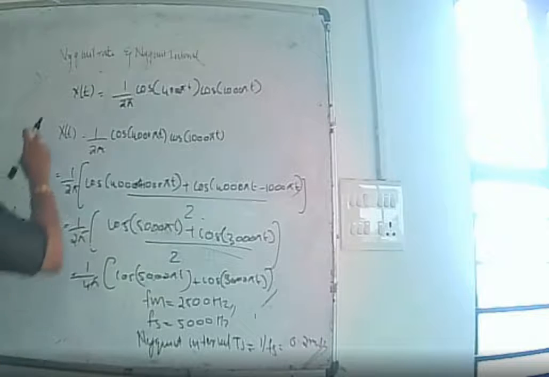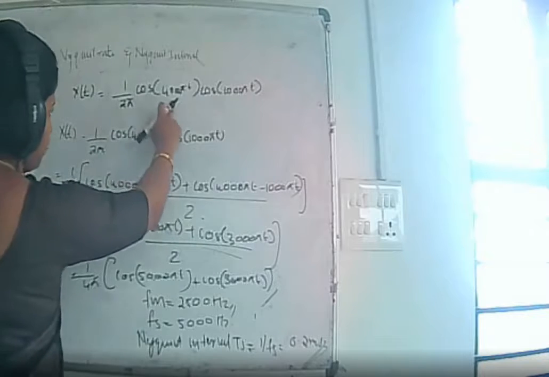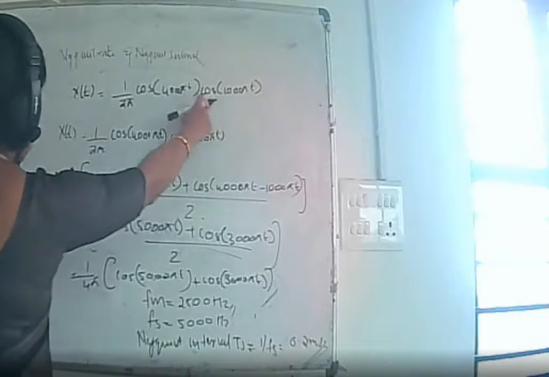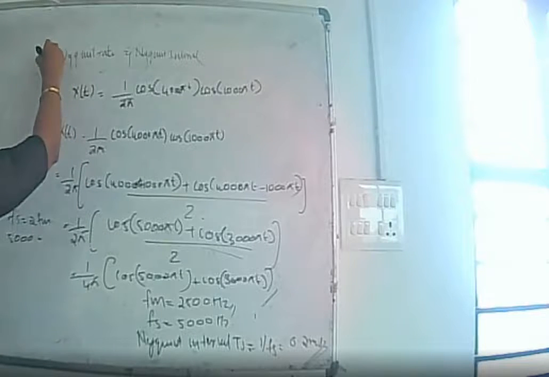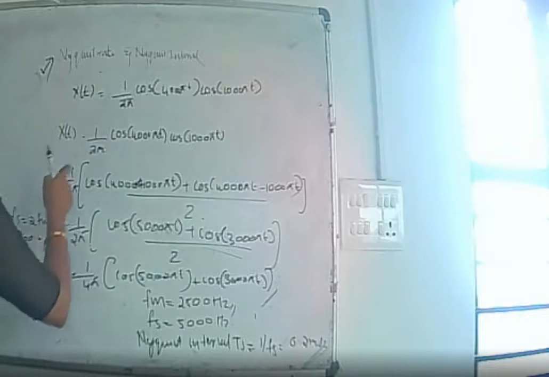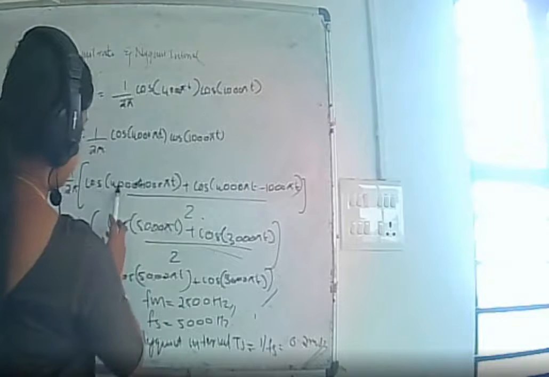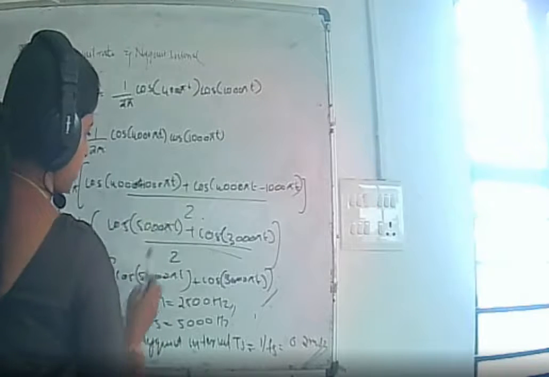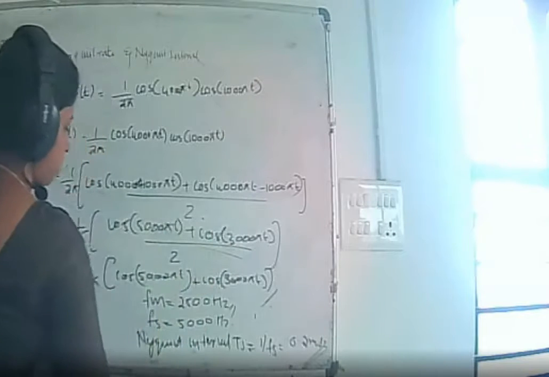Here we have been given the continuous time signal x of t is equal to 1 by 2 pi cos 4000 pi t plus cos 1000 pi t. We need to find the Nyquist rate and Nyquist interval. By applying the formula for cos A cos B, we get 4000 plus 1000, that is 5000 pi t, and 4000 minus 1000, that is 3000 pi t.